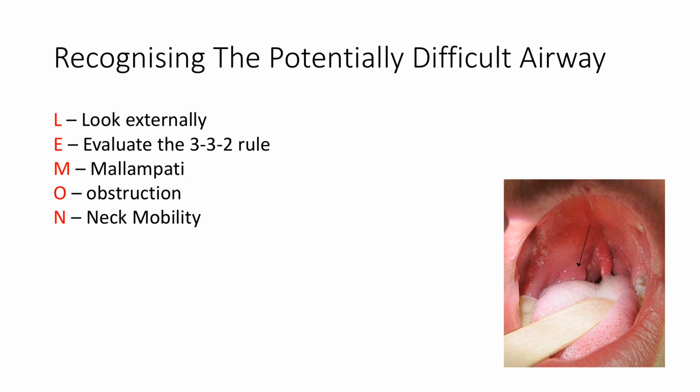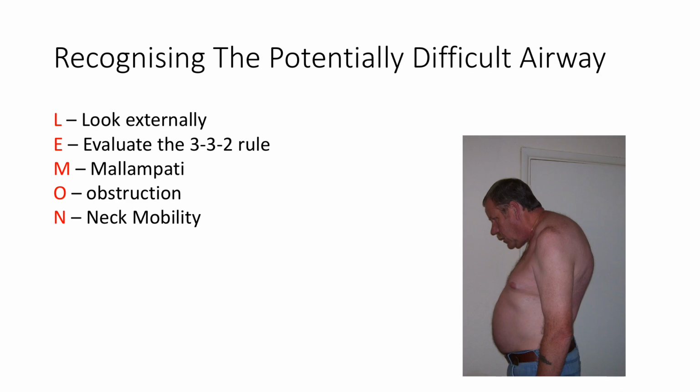Look for obstruction. This picture shows a rather nasty tonsillar abscess that could make things difficult. And then finally you look for neck mobility. This chap is well on his way to having a potentially difficult airway.